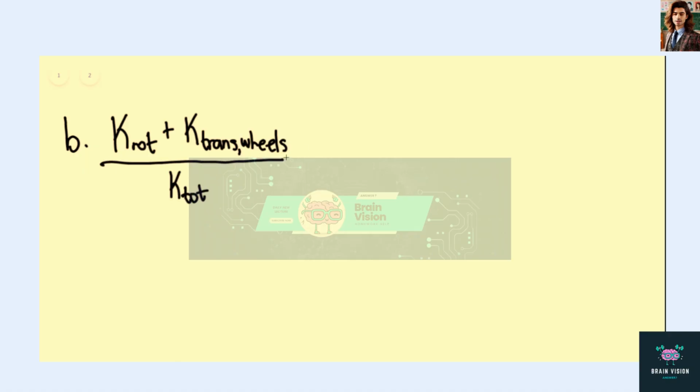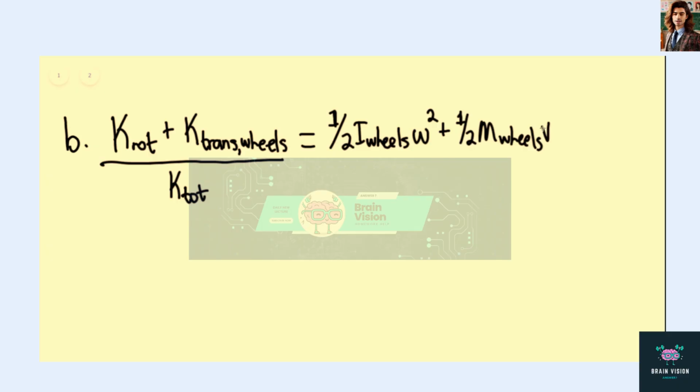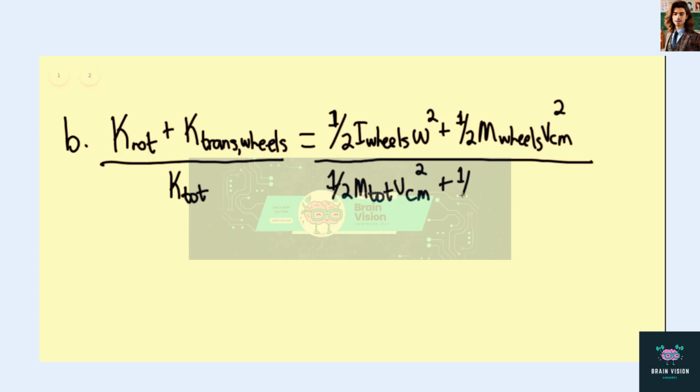And so we can say that this would be equaling 1/2 times the moment of inertia of the wheels times omega squared plus 1/2 times the mass of the wheels times the velocity of the center of mass, because the velocity of the center of mass equals the velocity of the wheels, squared, divided by 1/2 times the total mass times the velocity of the center of mass squared plus 1/2 times the moment of inertia of the wheels multiplied by the angular velocity squared.